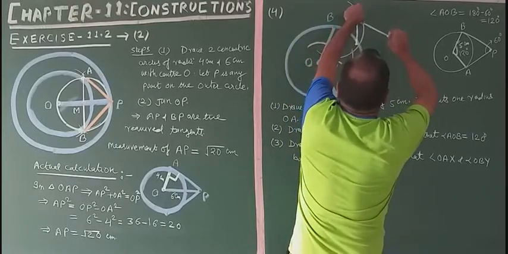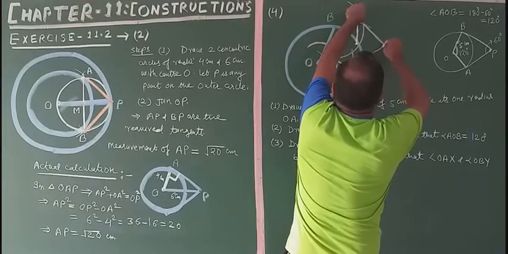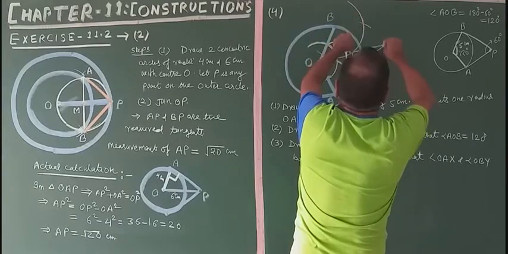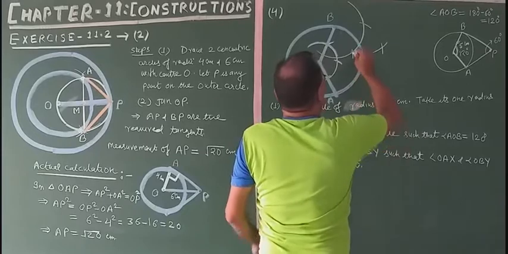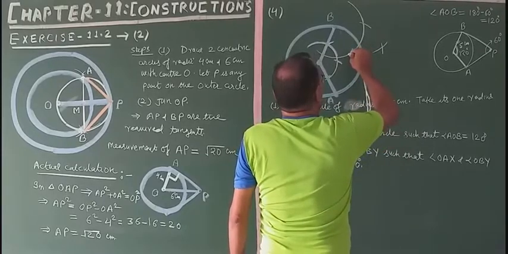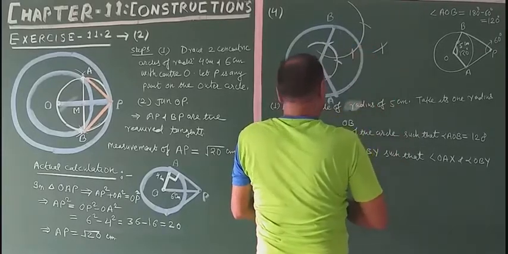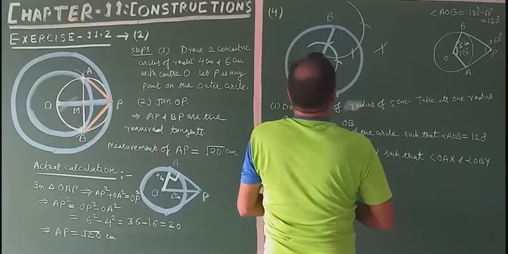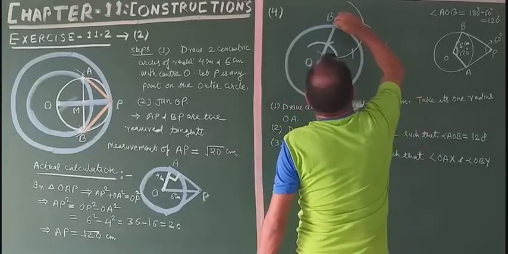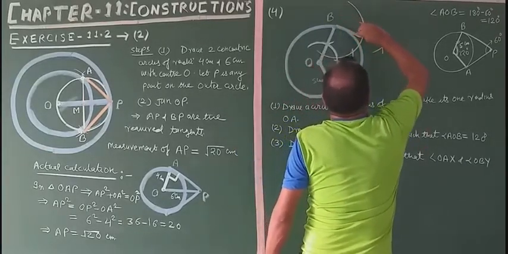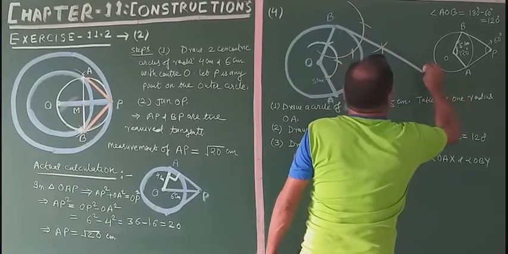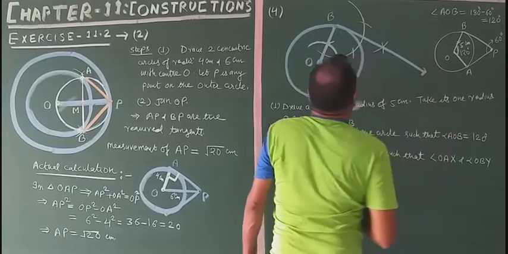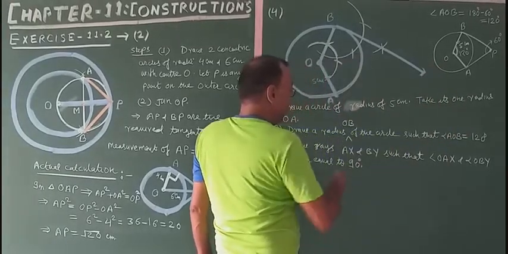Then we will take more than half radius, and again here. This will be the 90 degree. In this way, this is ray BY.